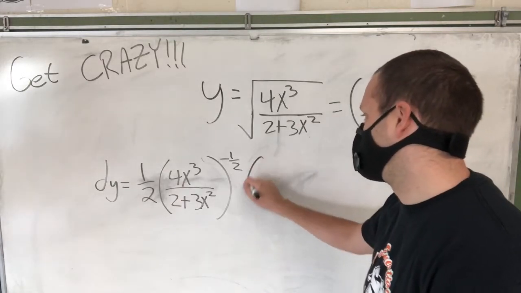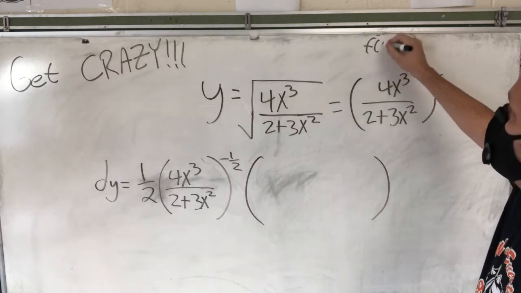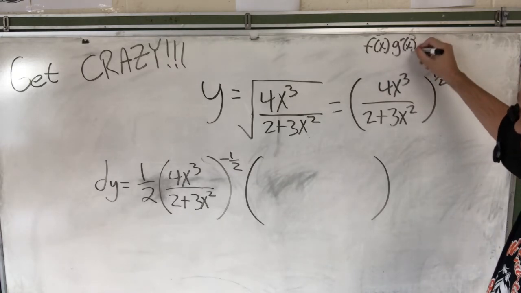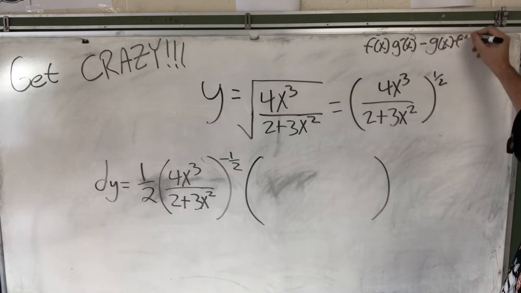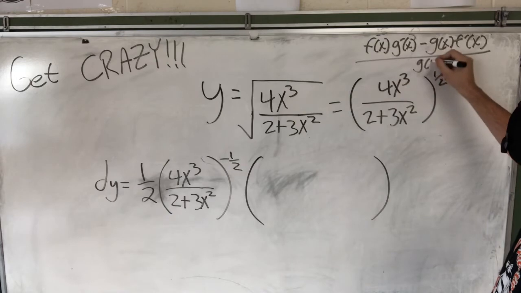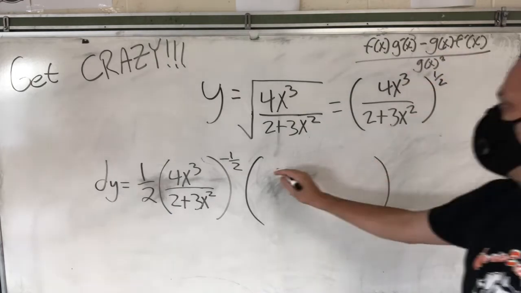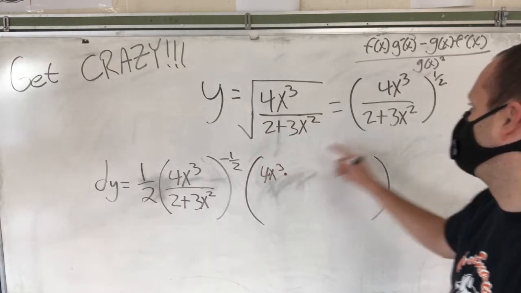So if you remember, the quotient rule is the top times the derivative of the bottom minus the bottom times the derivative of the top all over the bottom squared. Let's do it. So we've got 4x cubed times the derivative of the bottom.